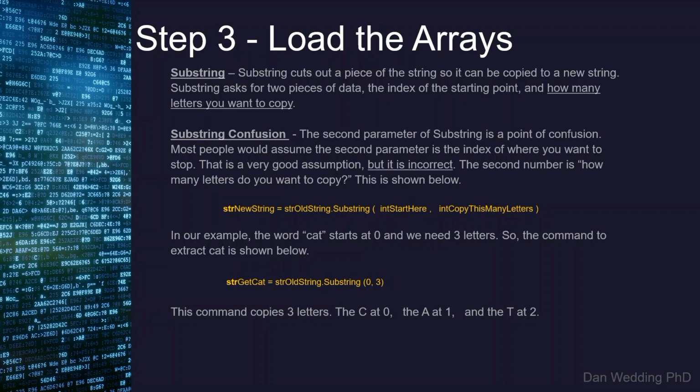The second number is how many letters you want to copy. This is shown below. In our example, the word cat starts at 0 and we need 3 letters. So the command to extract cat is shown below. The command copies 3 letters: the C at 0, the A at 1, and the T at 2.